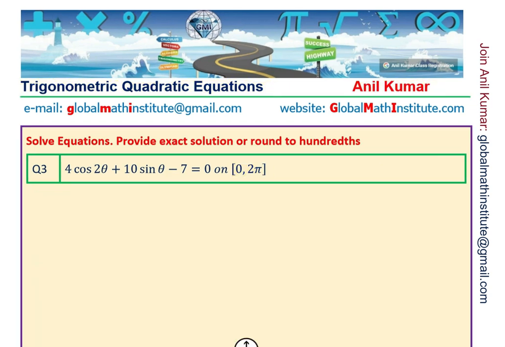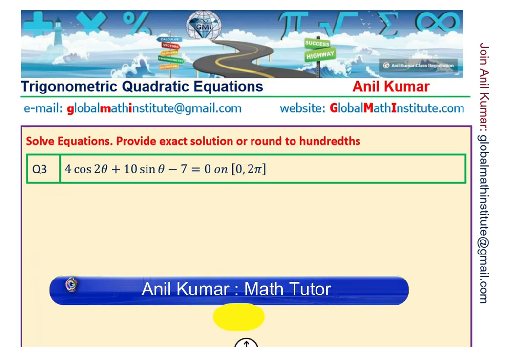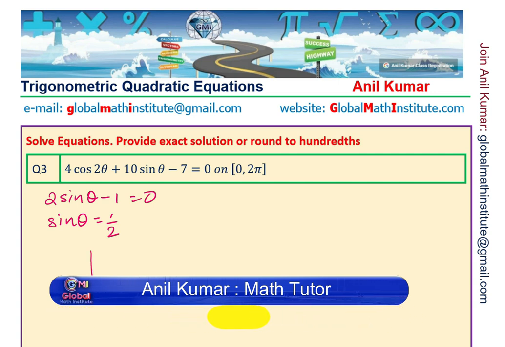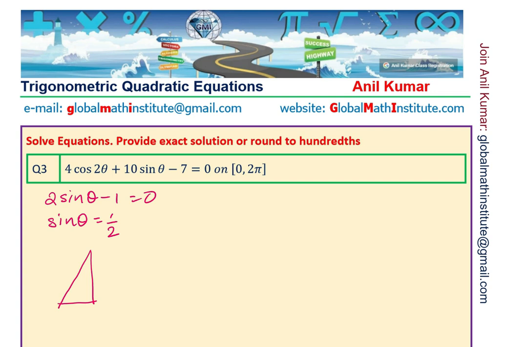So let's go to a fresh page, right? We'll equate 2 sine theta minus 1 equals 0, which means sine theta is half. Here we can use a special triangle, as you know, 1, 2, square root 3 for the angle of pi by 6.